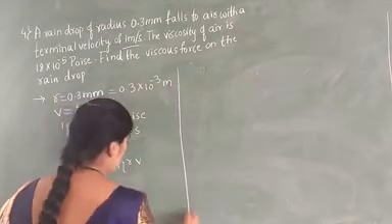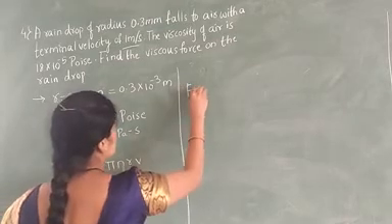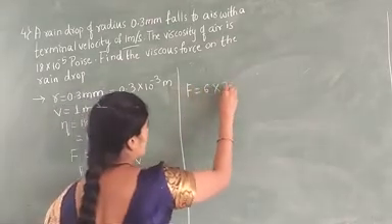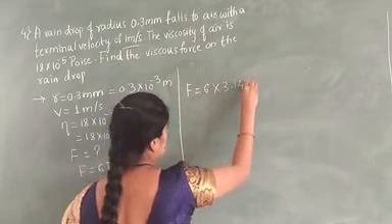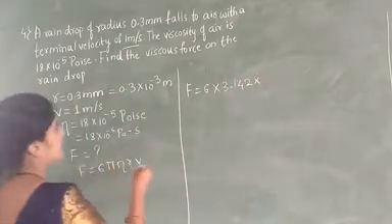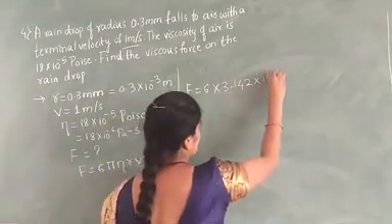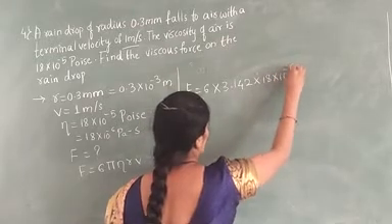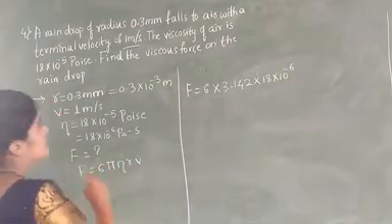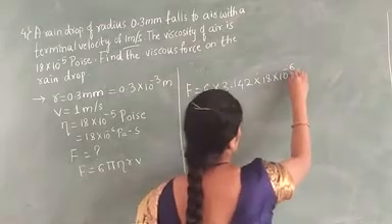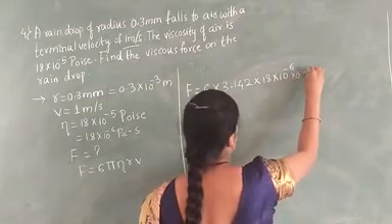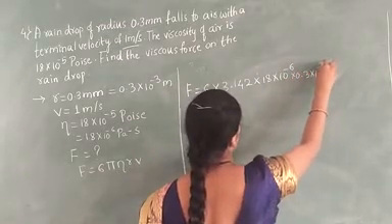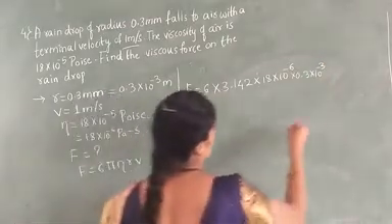Put the values of all this. F is equal to 6 pi, that is 3.142 into the value of eta, 18 into 10 raised to minus 6, the value of R is 0.3 into 10 raised to minus 3, and next V is 1.